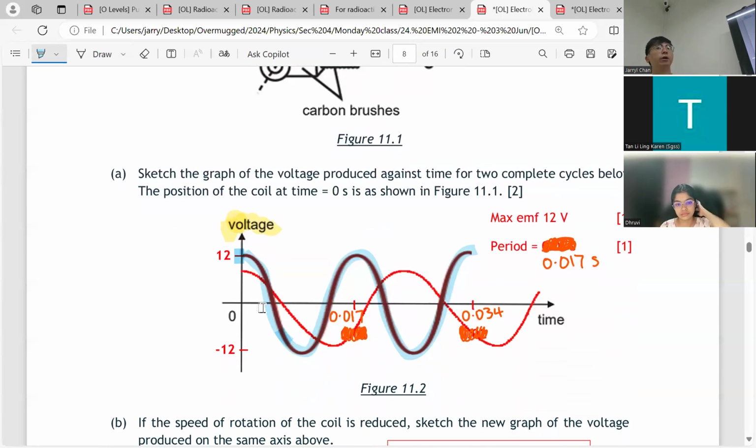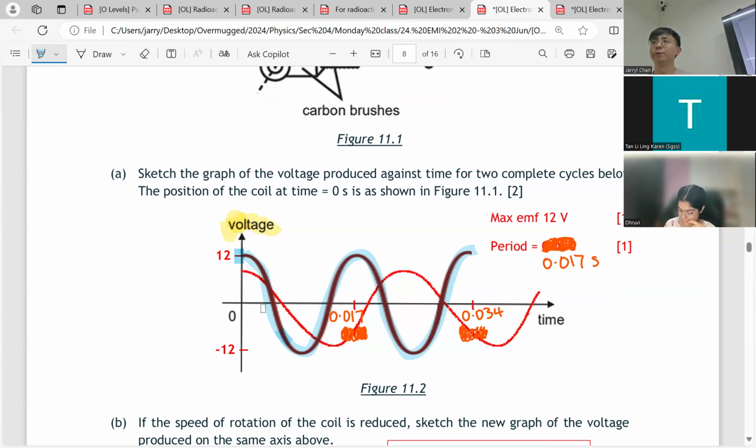So it should be a label of 12 and negative 12. Remember in AC generator, the direction of current reverses every half a cycle. That's why half a period later, I will be reversing direction.